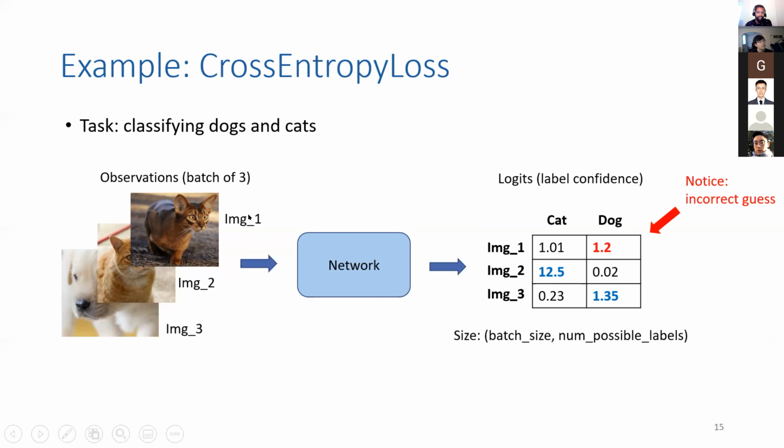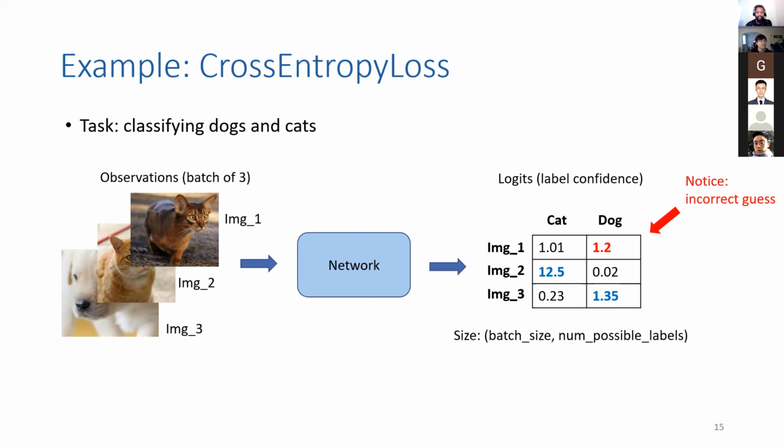You'll notice the network actually got this one wrong, where it gave dog a higher score, but this is pretty clearly a cat, unless I'm grossly mistaken. The other ones it got correct, because this value is much larger and it's pretty confident this is a cat, and it's pretty confident this is a dog as well.